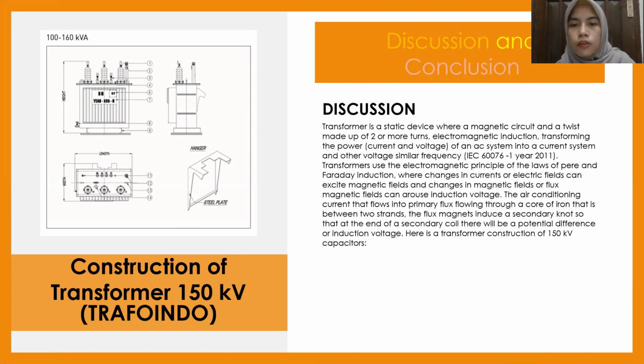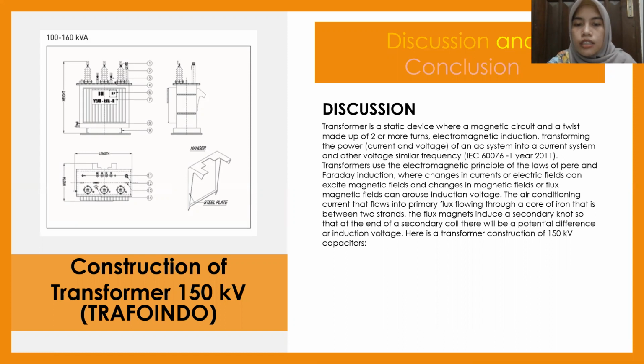Electromagnetic induction transforms the power of current and voltage of an AC system into another system with different current and voltage but similar frequency. The transformer works on the electromagnetic principle of Faraday's law of induction, where a change in current or electric fields can excite magnetic fields, and a change in magnetic fields or flux can arouse induction voltage.